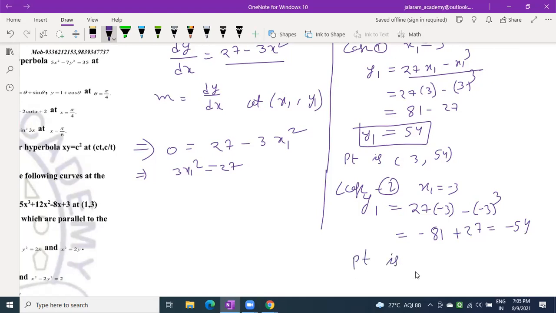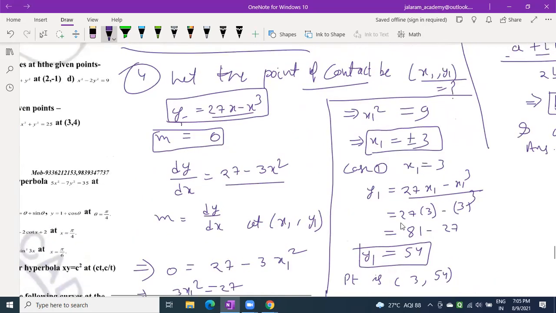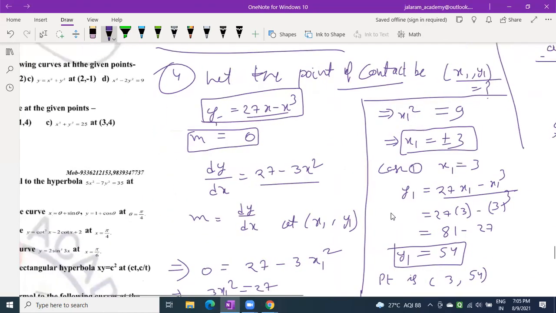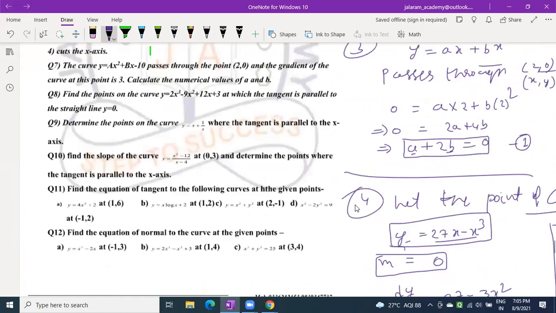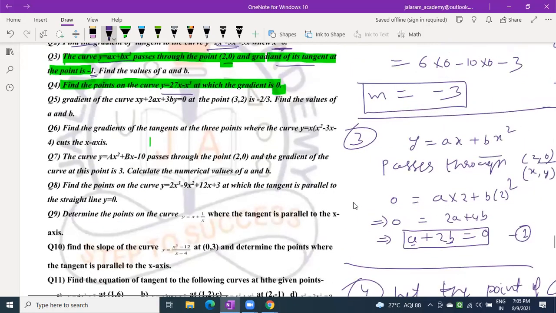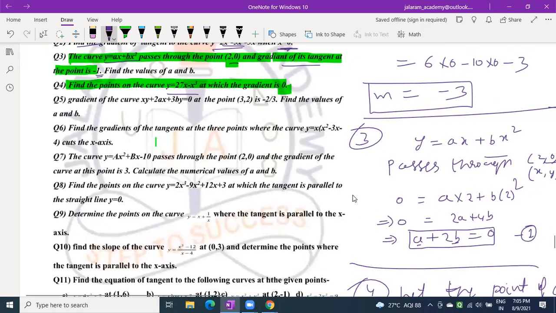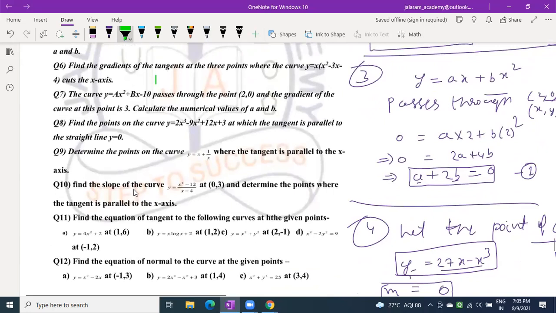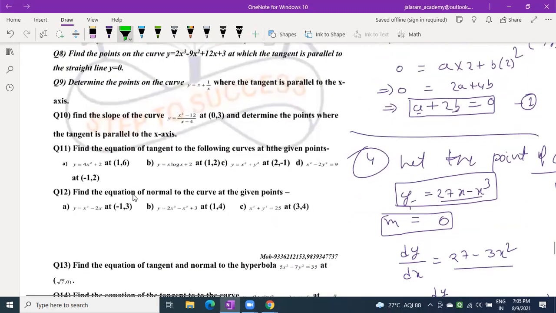So the point of contact is (minus 3, minus 54). So there are 2 points of contact at which the slope of the tangent is 0. They are different tangents. Similarly, we can solve the other questions related to tangents also. So solve them and ask your doubts in the comment box.